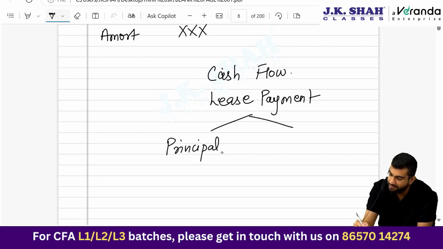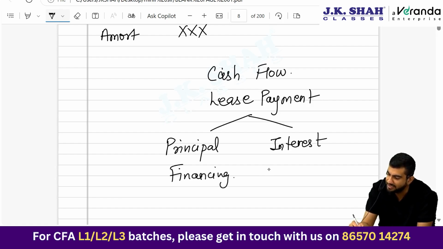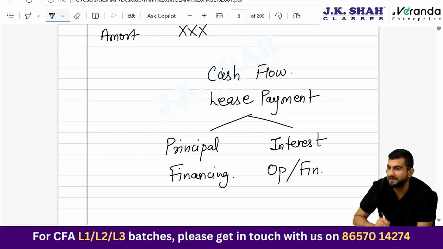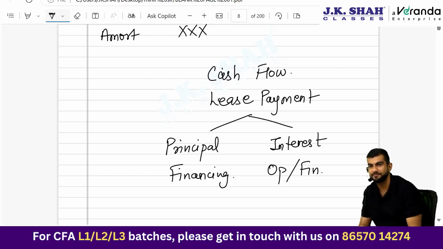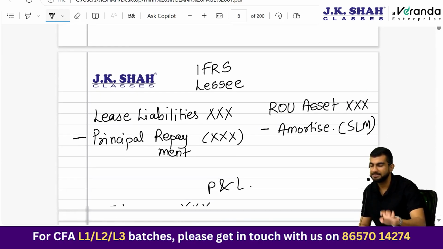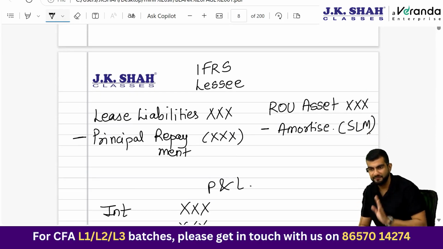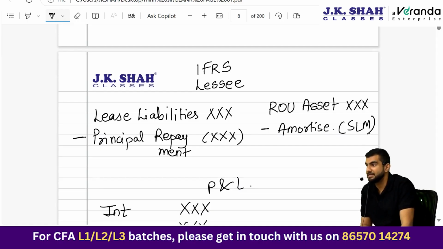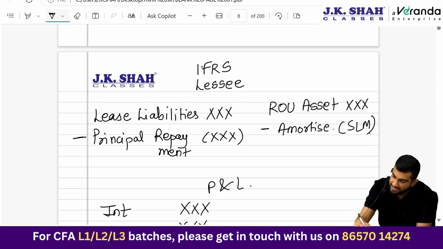Principal portion will go in cash outflow from financing activities. Interest will go either in operating or financing because IFRS allows a choice. Yes? Okay. Now, same treatment for lessee, operating or finance lease. Any doubts in this? Let's discuss now accounting treatment in the books of the lessee under US GAAP.